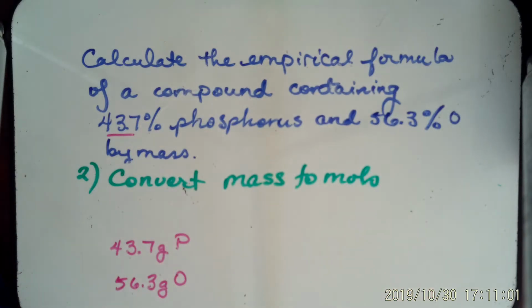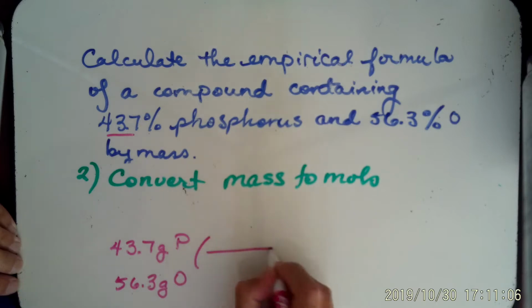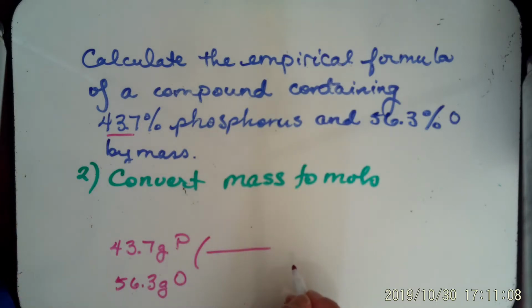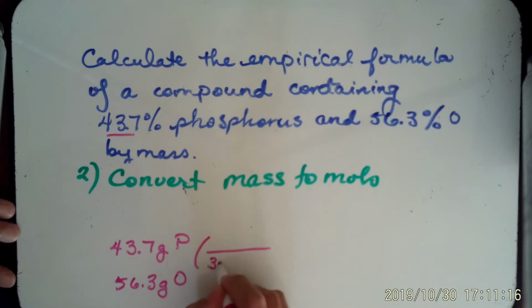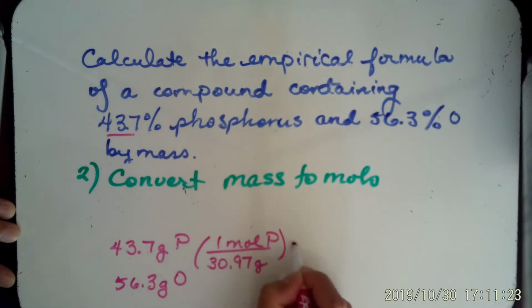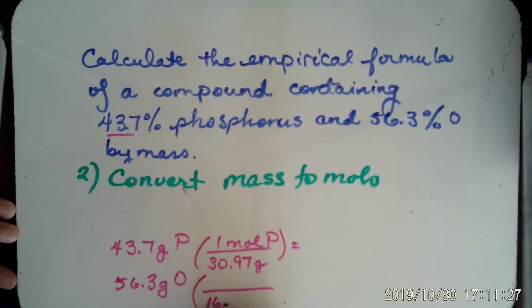So when we look up phosphorus, we know 1 mole is going to be 30.97 grams for every 1 mole of phosphorus. And for oxygen, it's going to be 16 grams for every 1 mole of oxygen.